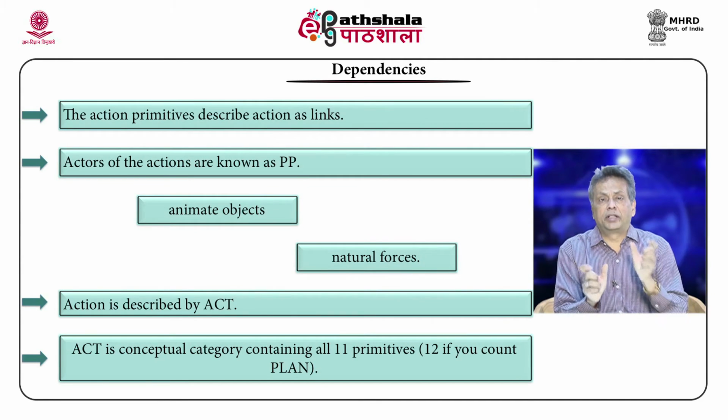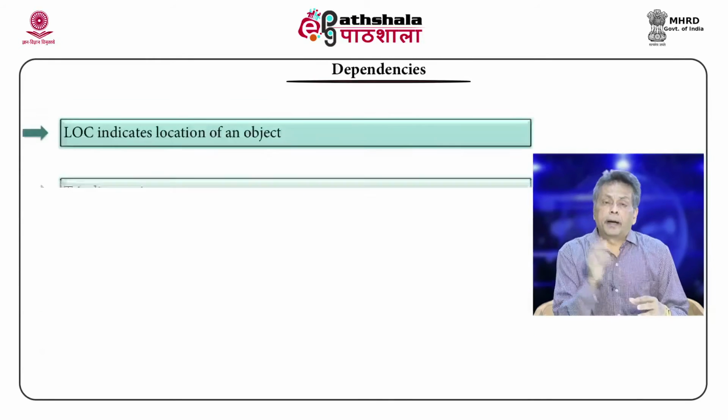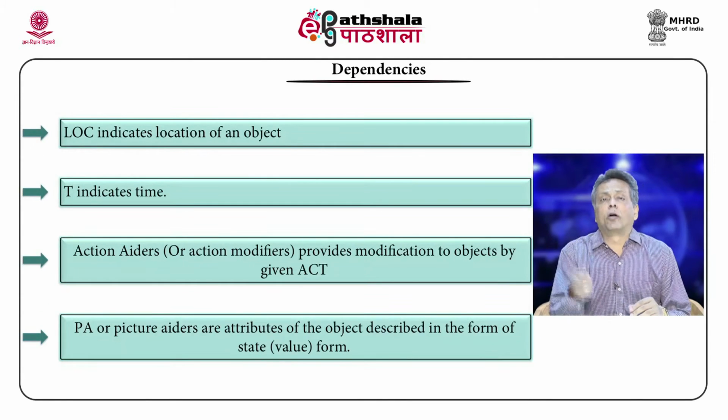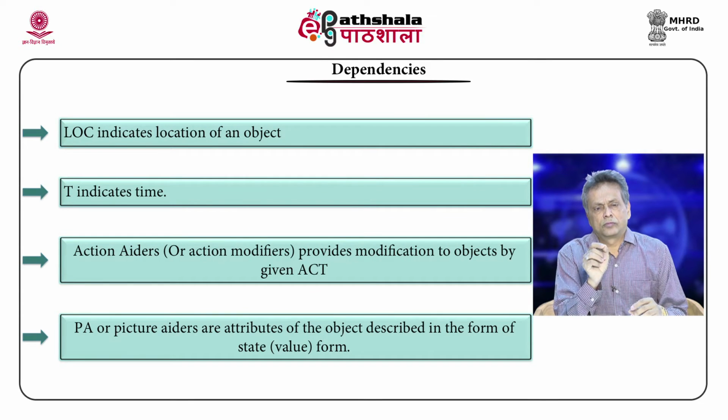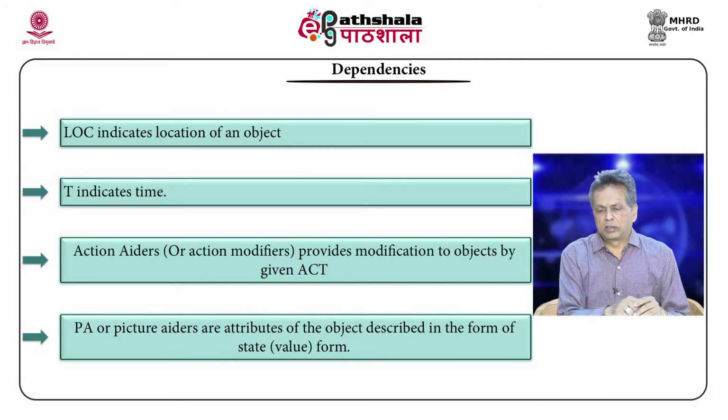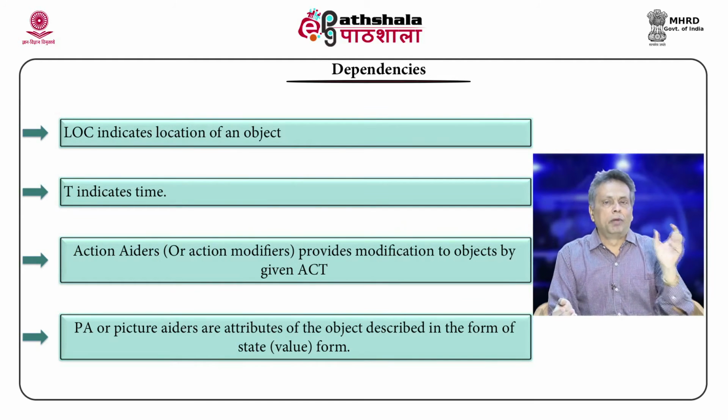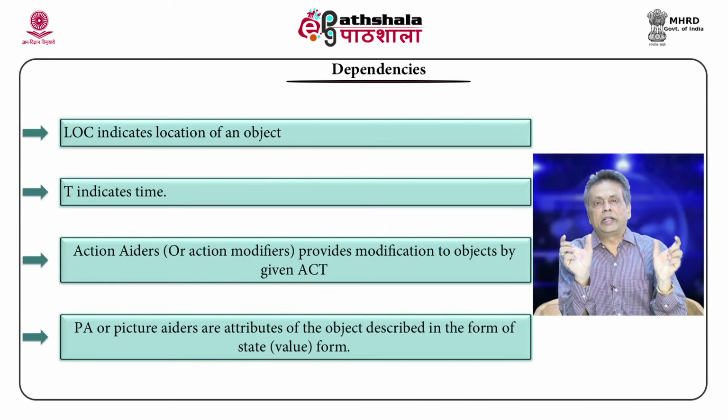Action is described by this primitive, and many times it is called ACT or action. Dependencies also are possible to be modified using some small indicators. One is called LOC or location, which talks about where this thing happened. For example, Milkha Singh ran is Milkha Singh and PTRANS, and the object is himself.